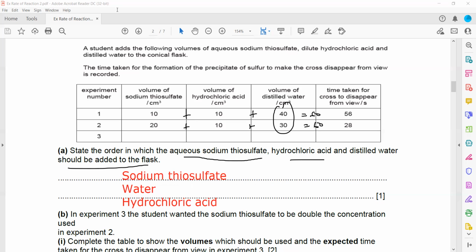Because if thiosulfate and hydrochloric acid are added in the beginning, they will instantly react with each other. Then the use of the water will not be effective, as there will be no use of adding water to the mixture.